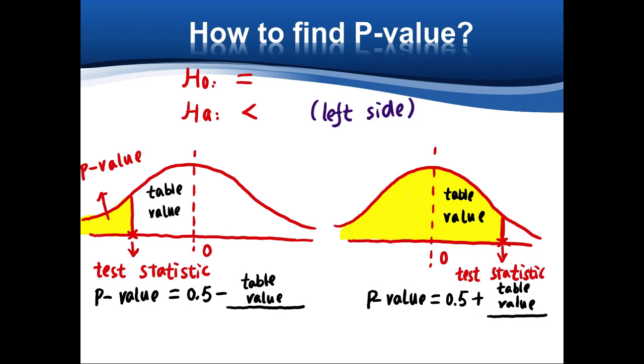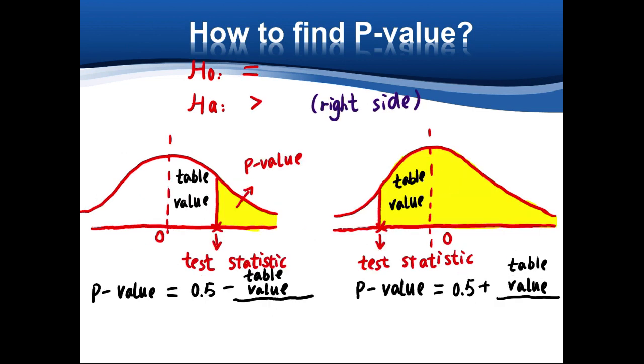If HA is less than, then for the p-value area, the starting point is the test statistic. No matter where it is, highlight everything on the left side. So the picture itself will tell you the area in yellow is 0.5 minus or plus the table value.